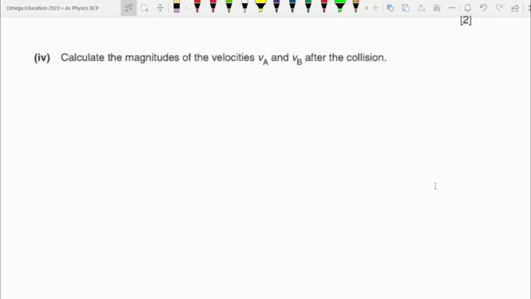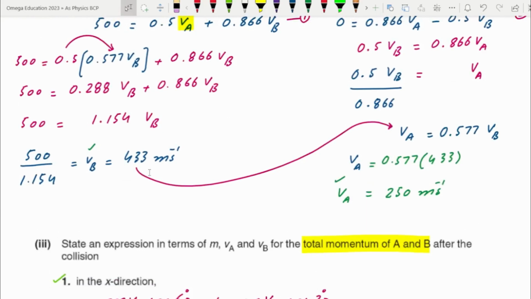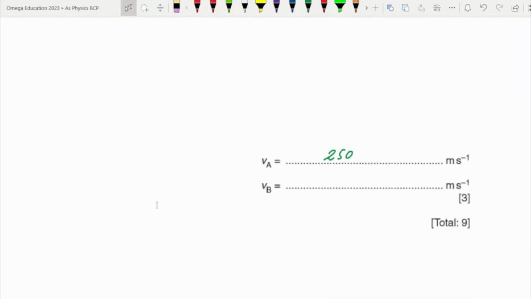And VB, if I convert this one into 2SF, matter of fact, you can leave the answer in 3SF as well. No problem with it whatsoever. But I'm just going to do the conversion, and in 2SF it would be written as 430. So we get 430 as VB.